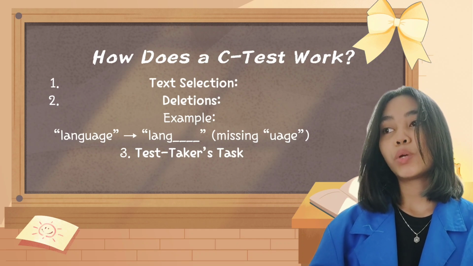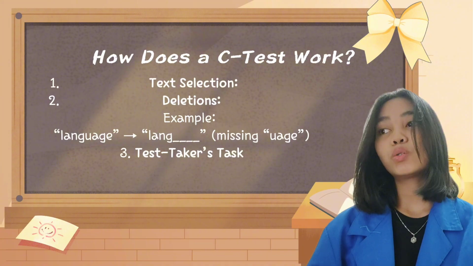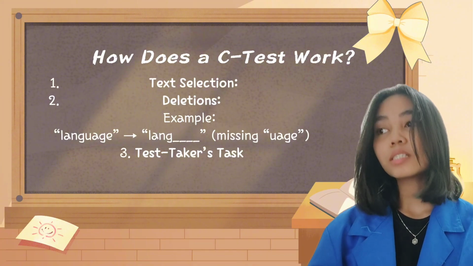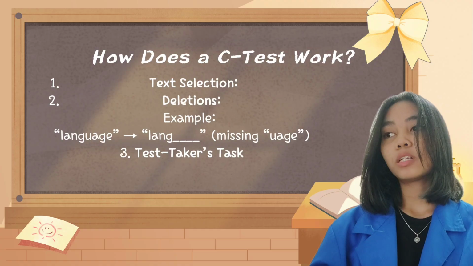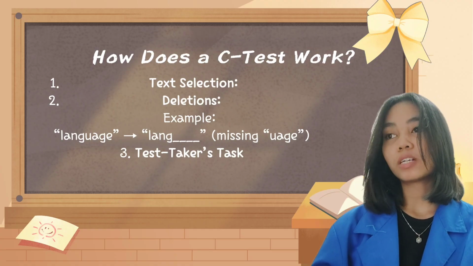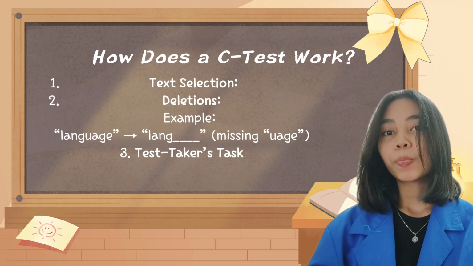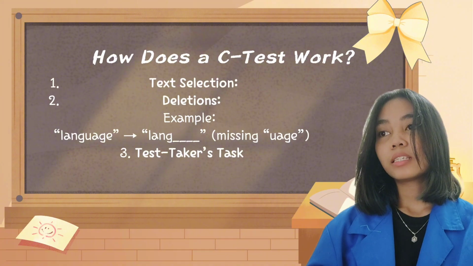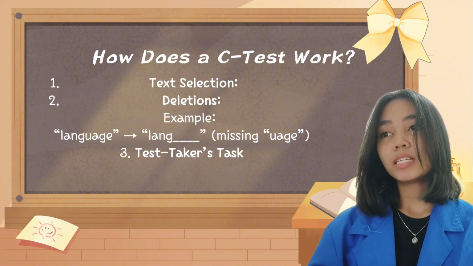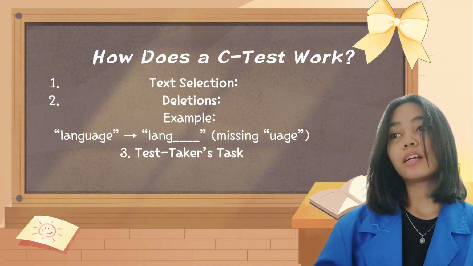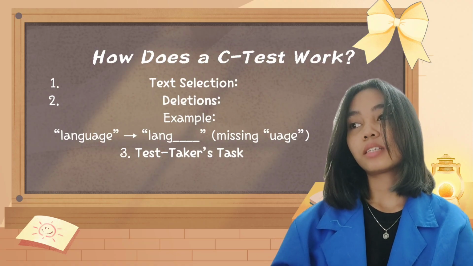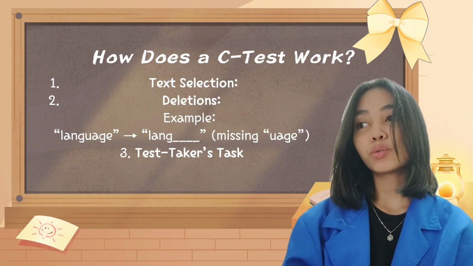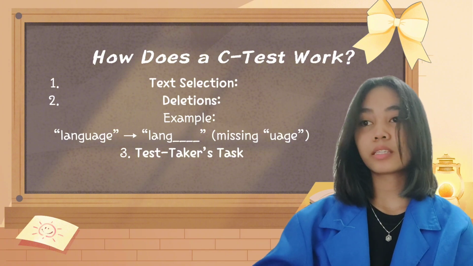For words with an odd number of letters, the larger part is left and the smaller is deleted. For example, language: we delete UAGE, and it becomes lang. Number 3, the test taker's task: fill in the blanks to restore the original words.